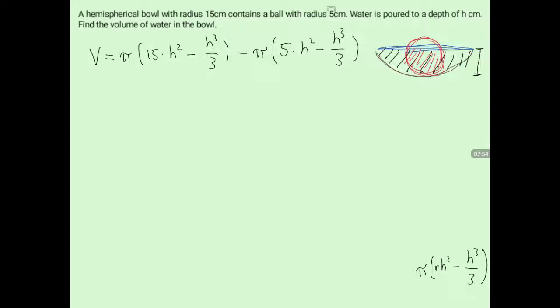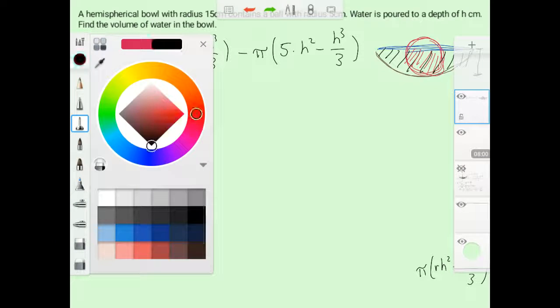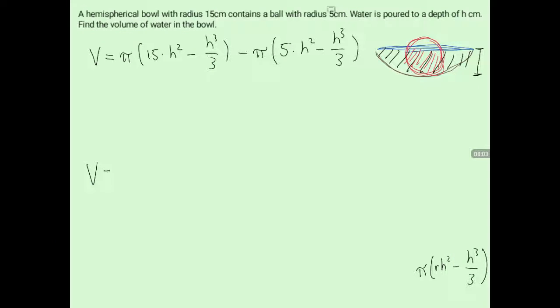Now let's consider the second case where the ball is completely submerged. In that case, the volume is going to be the volume of water in the bowl. Let's write this again. Subtract, and now this is going to subtract the entire volume of the ball. So this is going to be pi times the radius, 5, times the height.